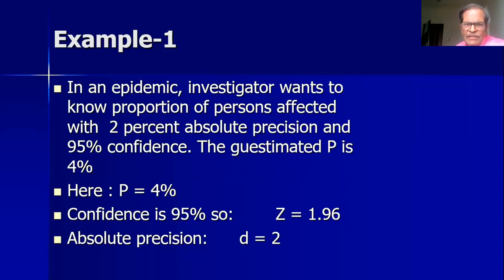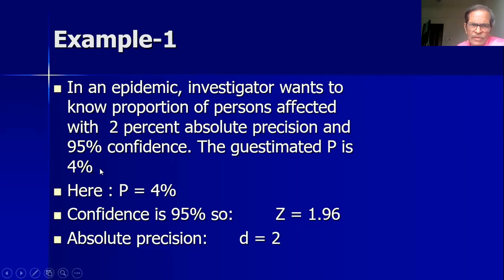In an epidemic, the investigator wants to know the proportion of persons affected with 2% absolute precision and 95% confidence. So there is an epidemic of a disease, say a typhoid epidemic has occurred, and the investigator wants to undertake a rapid survey in that village or in that town, so that he gets an idea as to how many cases are prevalent at that point of time.